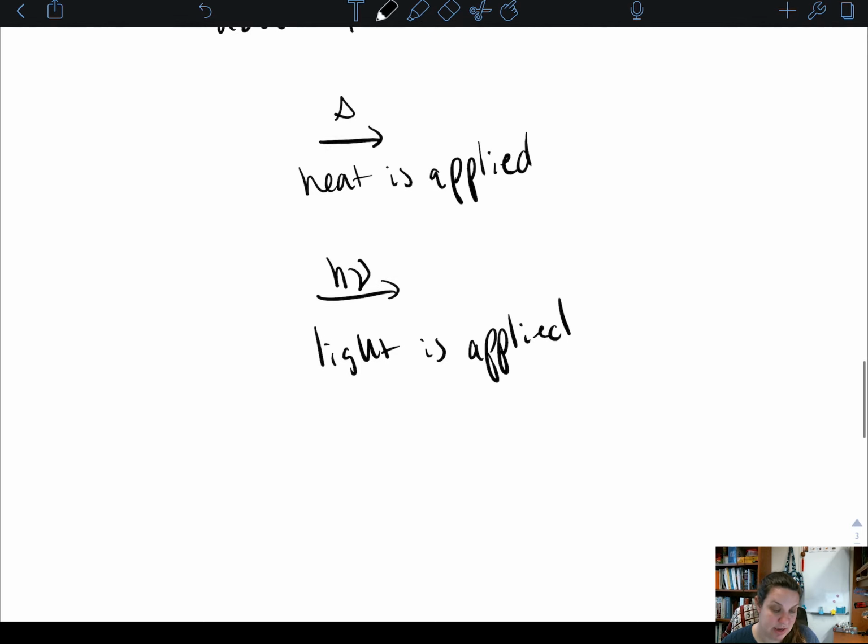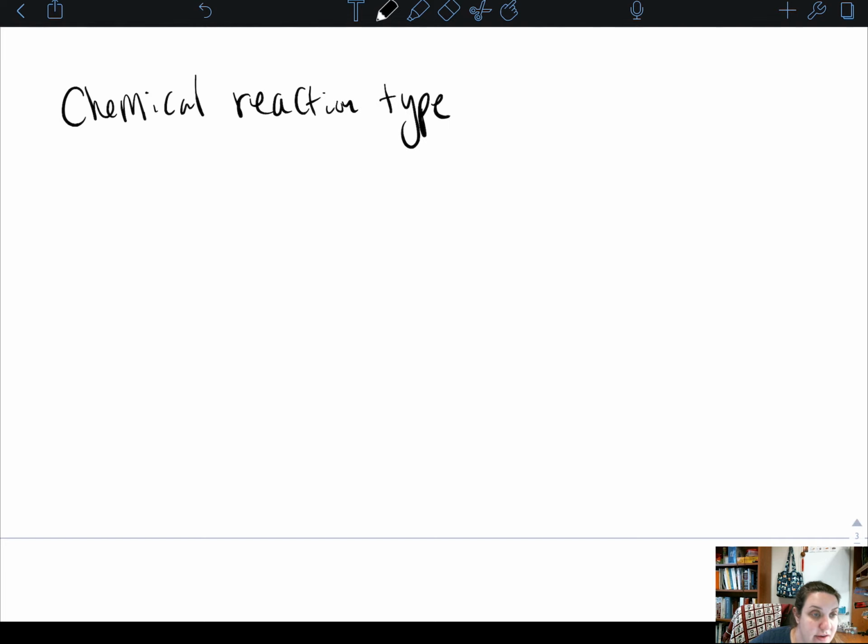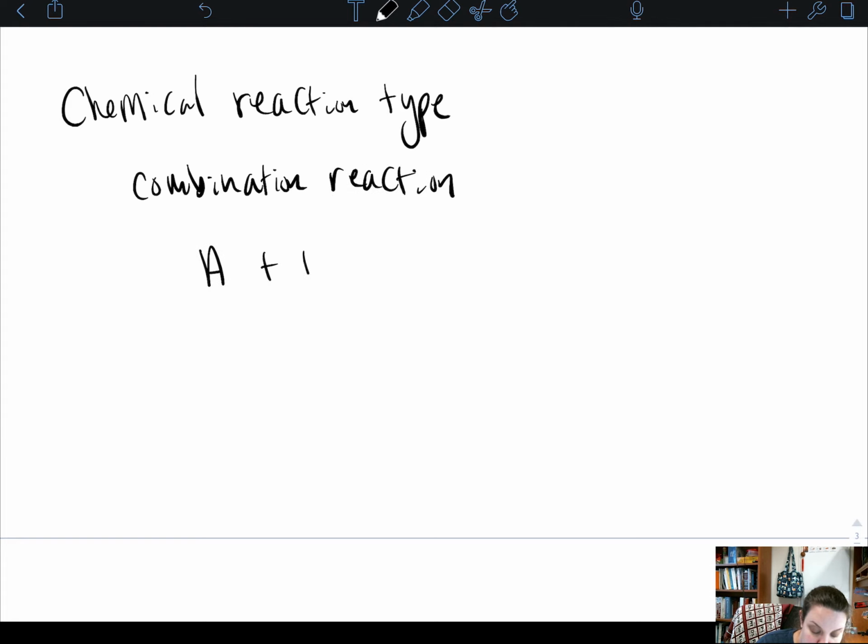Okay. Next I want to talk about chemical reaction types. There are several reaction types that you will need to be able to look at and know just by looking at the reaction. So we have combination reactions. Here we have two things reacting together to produce one product. We have decomposition reactions.